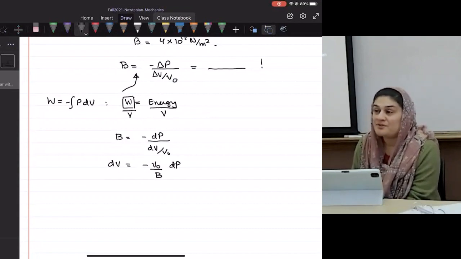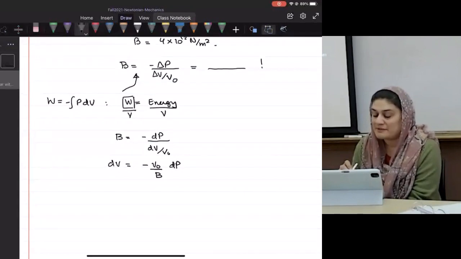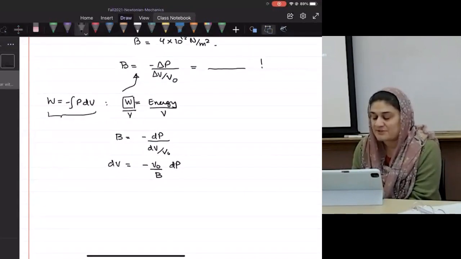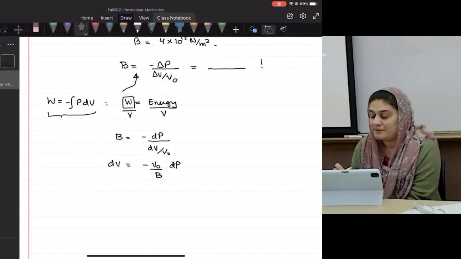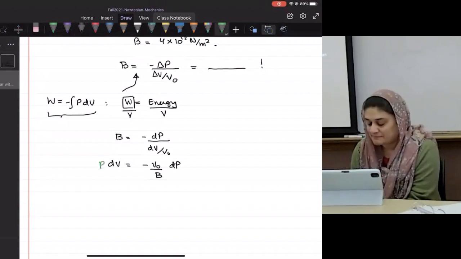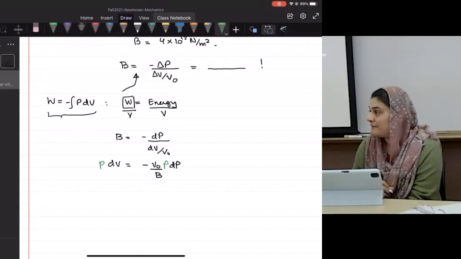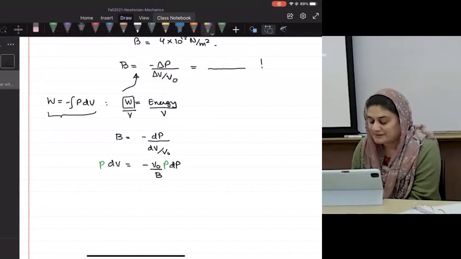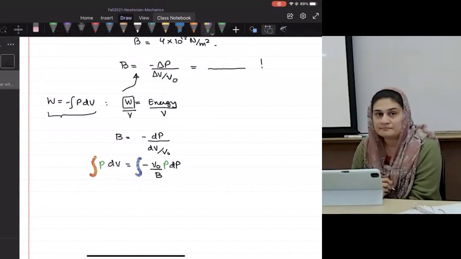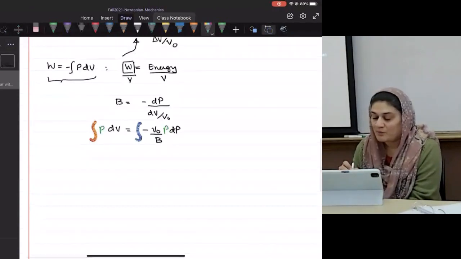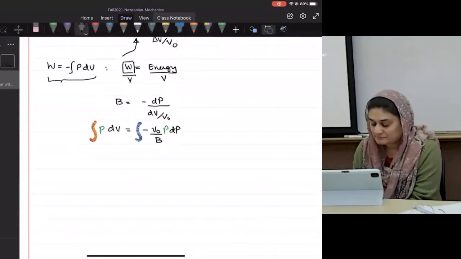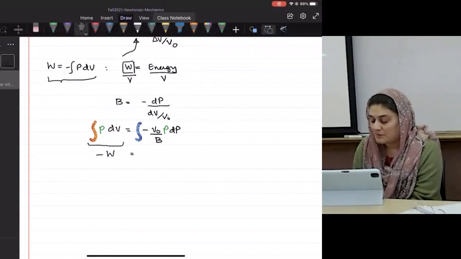May I multiply both sides with P? And why am I doing that? Because I want to come up with this expression. Yeah? May I multiply both sides with P? Can I do that? May I also integrate? So what will this side become? Negative work.